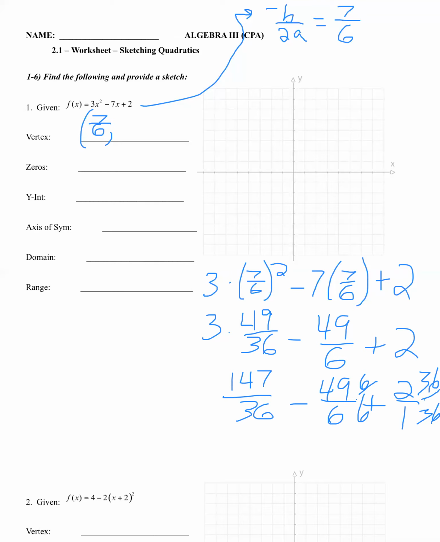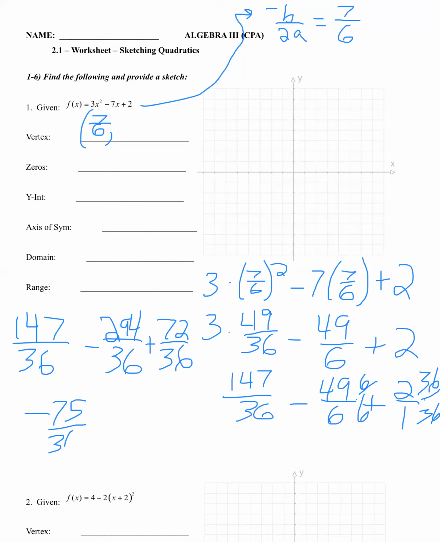I've got 147 over 36 minus 49 times 6 is 294, and then plus 2 times 36 is 72 over 36. So 147 minus the 294 plus the 72 means I get negative 75 over 36.